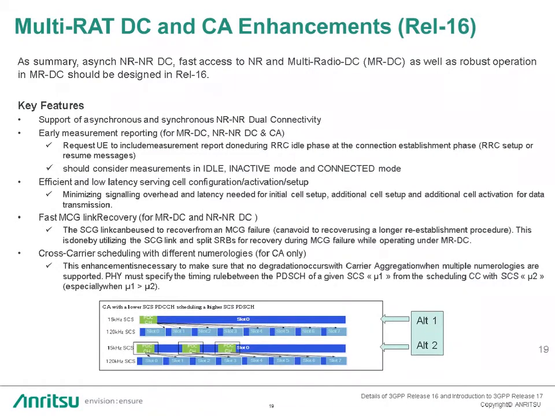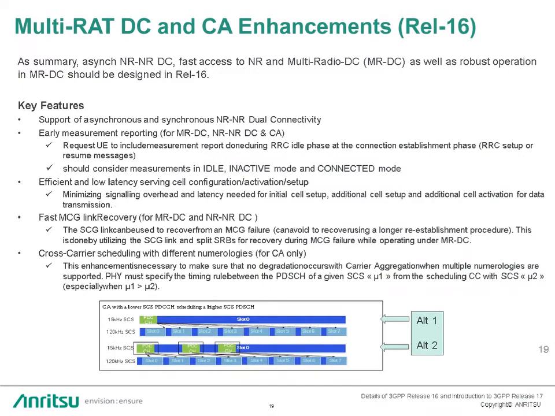Fast MCG link recovery is applicable for both MR-DC and NR-NR DC. So the SCG link can recover very fast from MCG failure. This is done by utilizing the split SRBs during MCG failure.